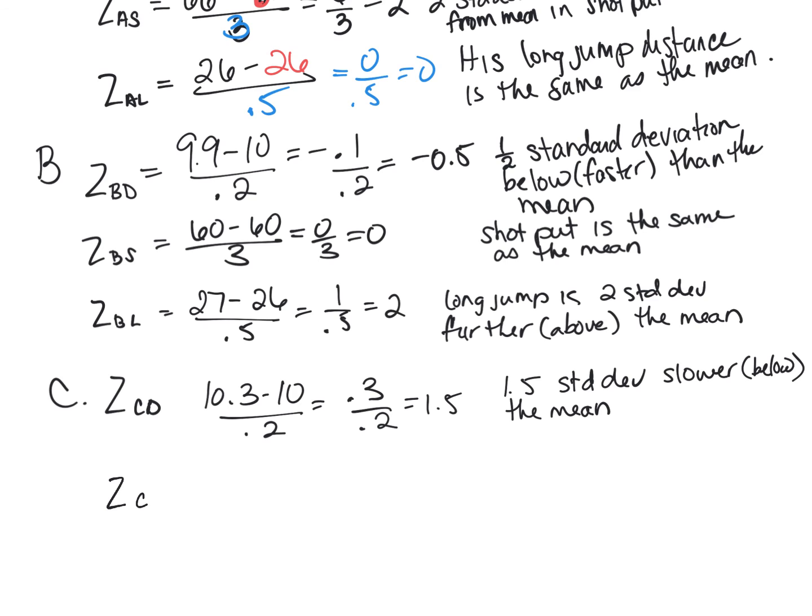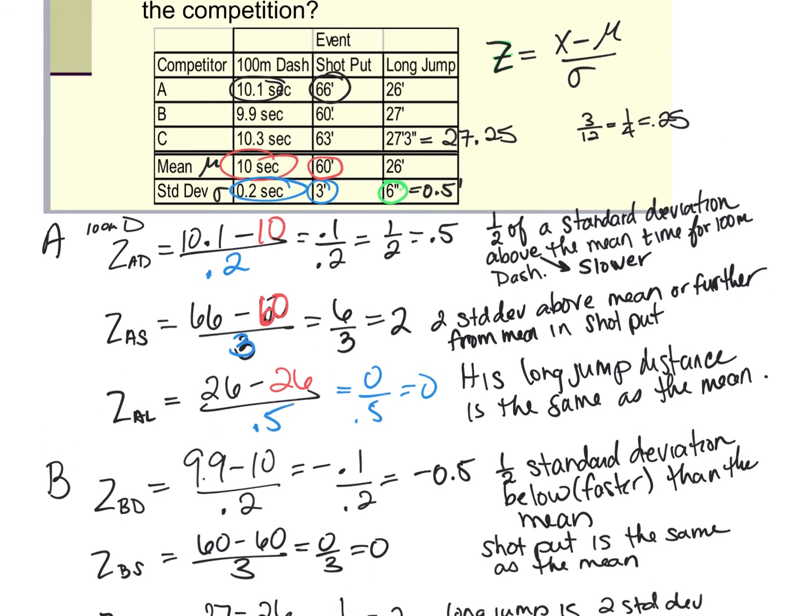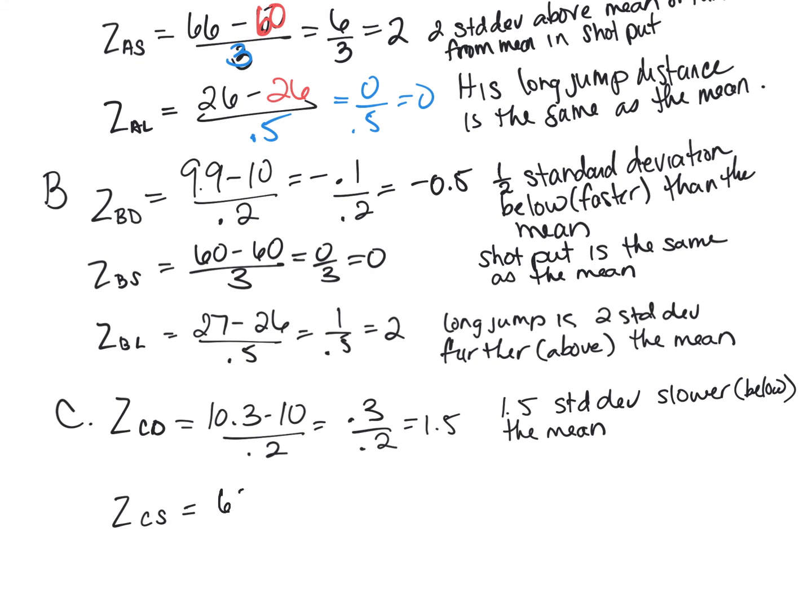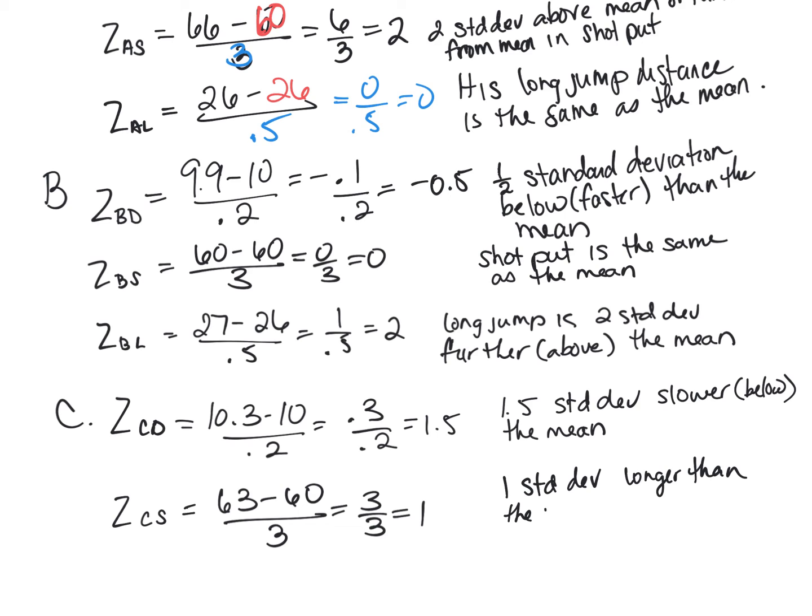And the z-score for his shot put. His shot put is 63 feet minus a mean of 60 over a standard deviation of 3. So that's 3 divided by 3, which is 1. So that's 1 standard deviation longer than the mean distance for shot put.